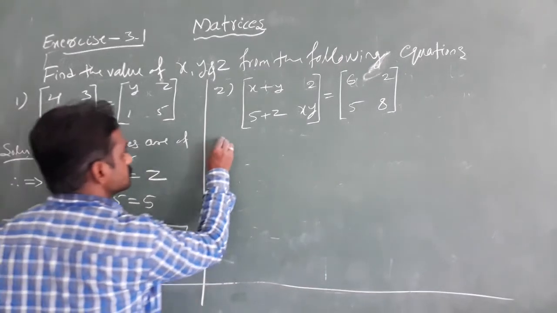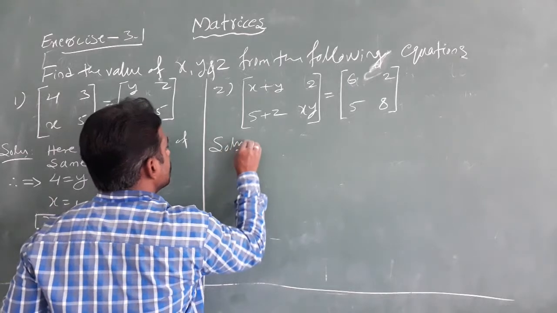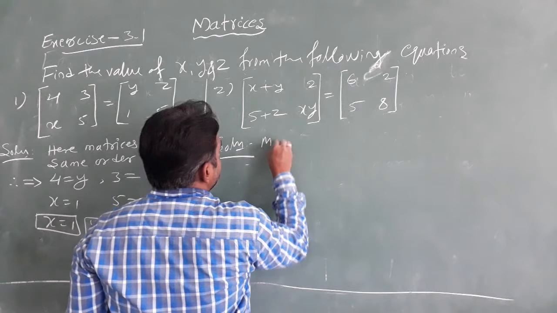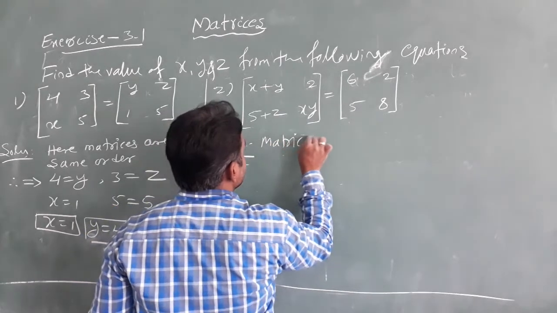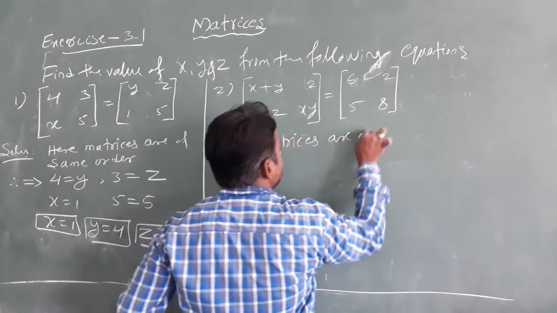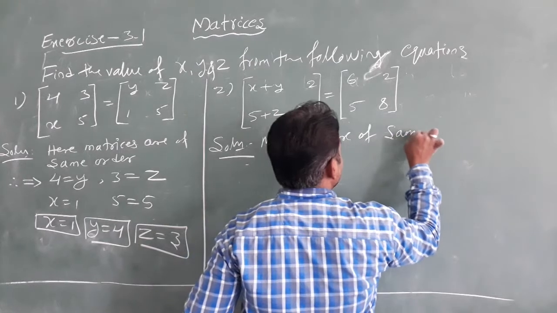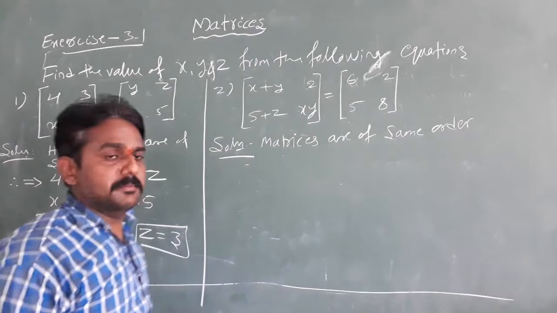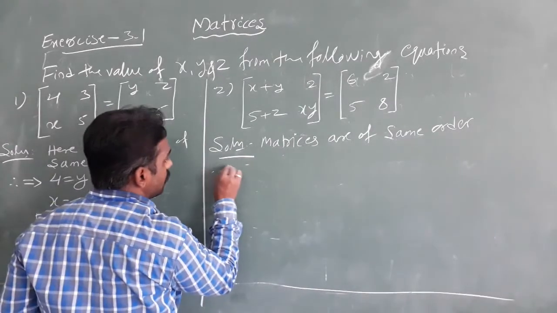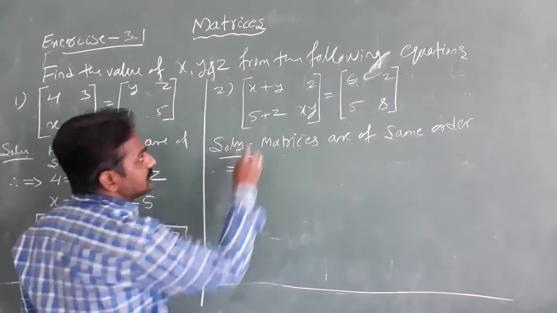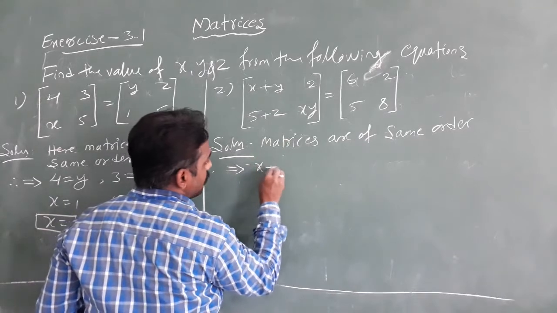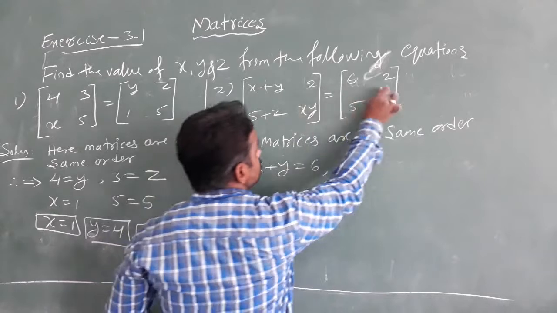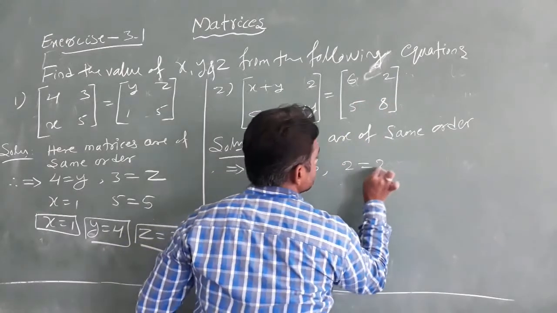Here, matrices are of same order. Therefore it implies x plus y equals 6. Next is 2 equal to 2, same constants.